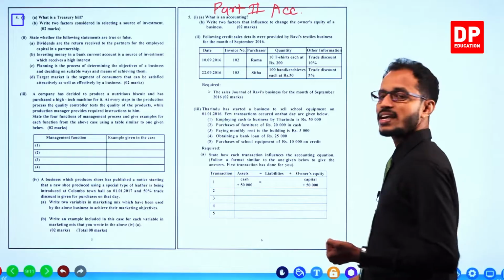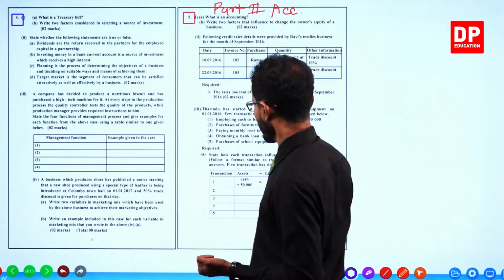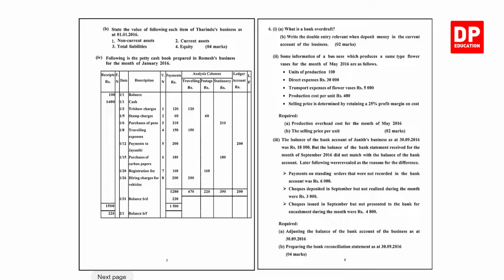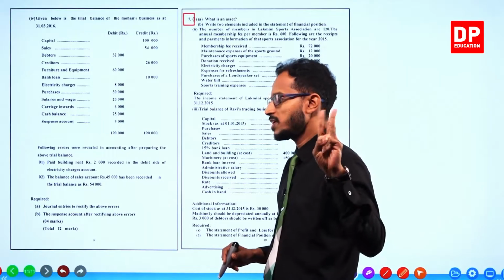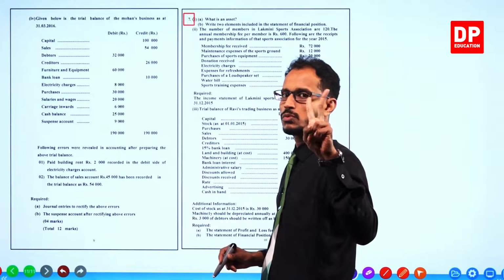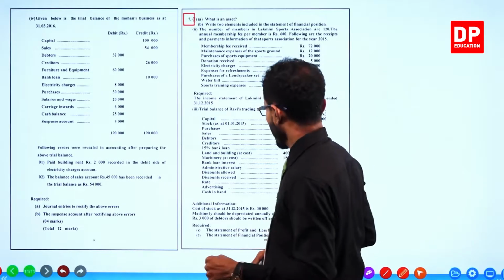Again, you will get 3 questions: question number 5, question number 6, and 7. Again 3 questions, but out of 3, you have to answer only 2 from the accounting part. Okay.